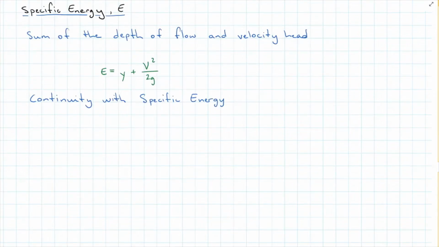There is continuity with specific energy. So the energy at location 1 needs to equal the energy at location 2. Also recall that velocity is equal to the flow rate divided by area for incompressible fluids, which in general is what we're dealing with.